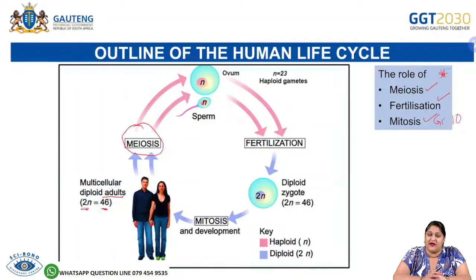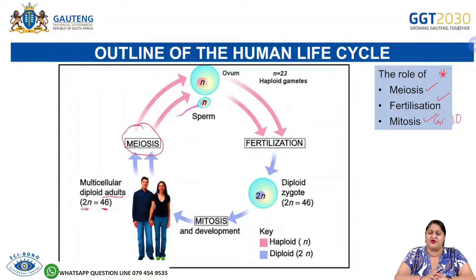So what you understand so far about meiosis is that we are halving the number of chromosomes. It takes place in the testes in the male and in the ovary in the female, and during this process, meiosis is going to result in 4 haploid cells, which are going to be their gametes.